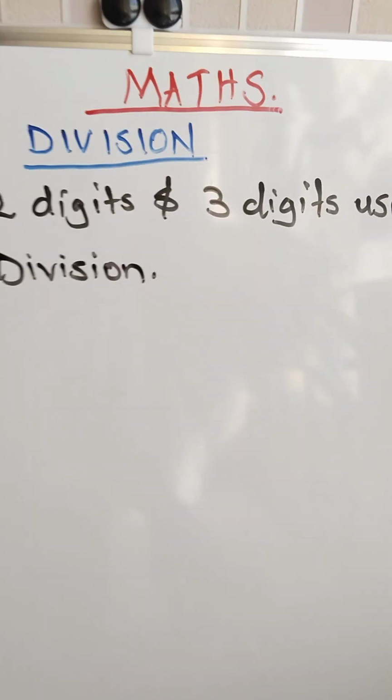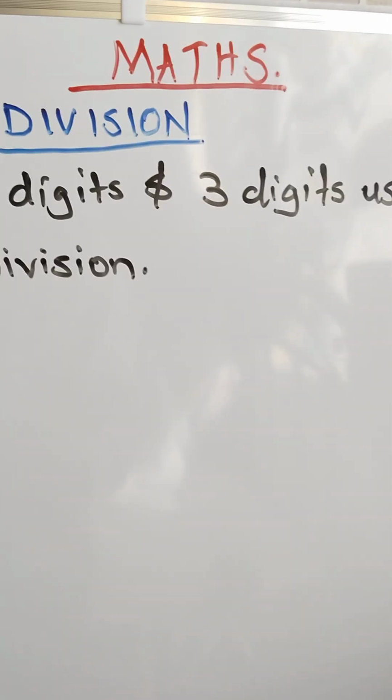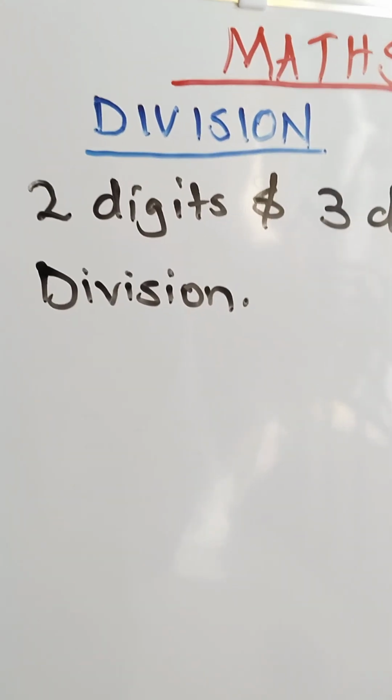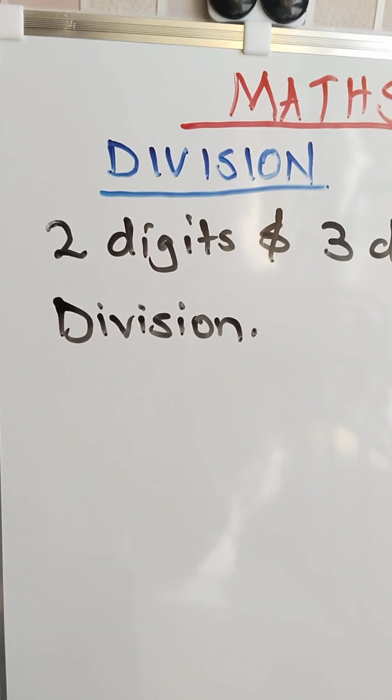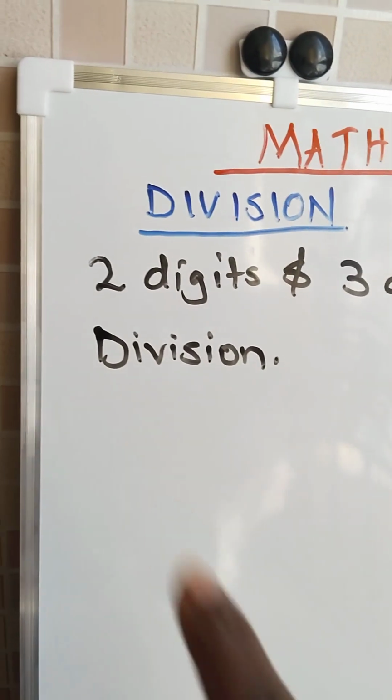I think you can see that. So we are going to learn 2 digits and 3 digits using long division. We are going to start with the first one, which is 2 digits, before we go to the one of 3 digits using long division.